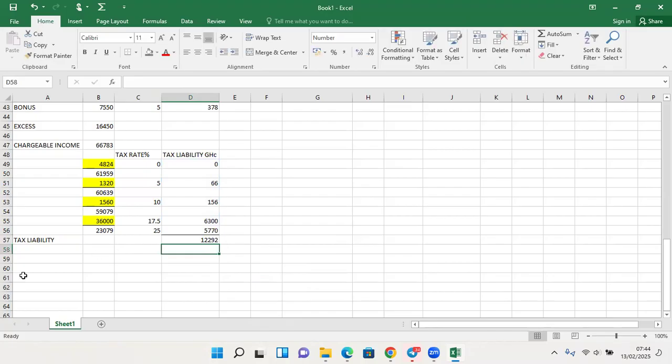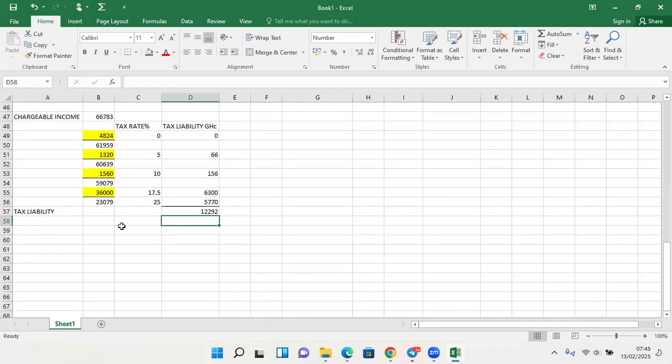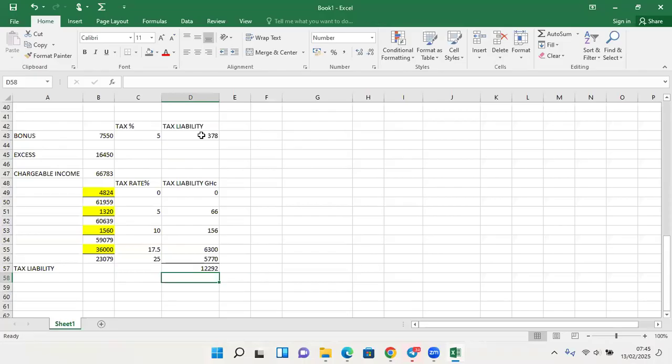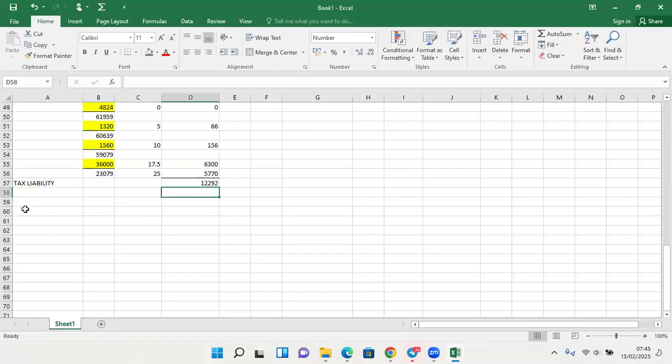So this is going to be his total tax liability when computing under the chargeable. But the total tax, this will be the tax on bonus. The tax on bonus is the 378, and then the tax on income is going to be this.